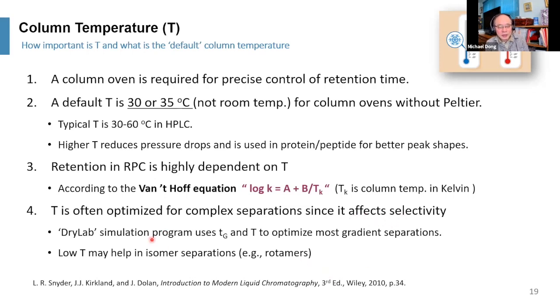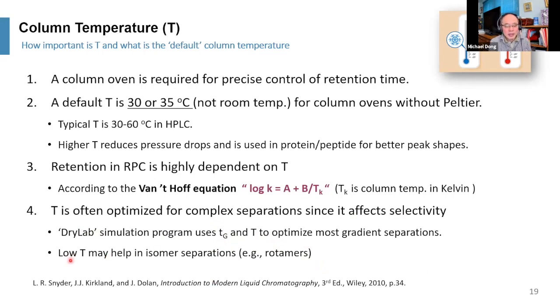If you use a simulation program called DryLab, the standard parameters you vary to generate the simulation are gradient time and also temperature, right? Even though it's not a big factor, it is variable very easily, so it's something you can use for complex separation.